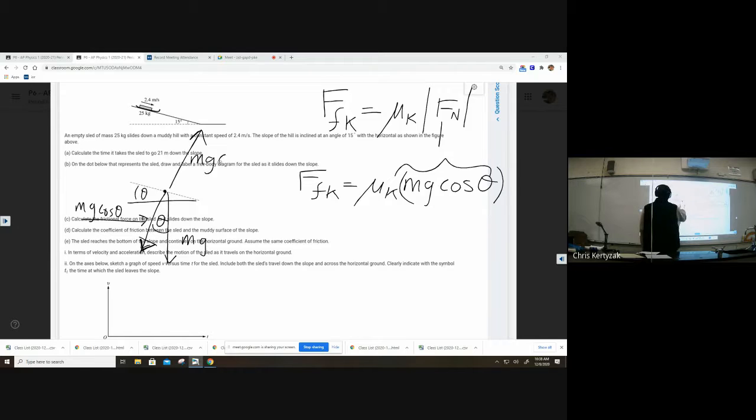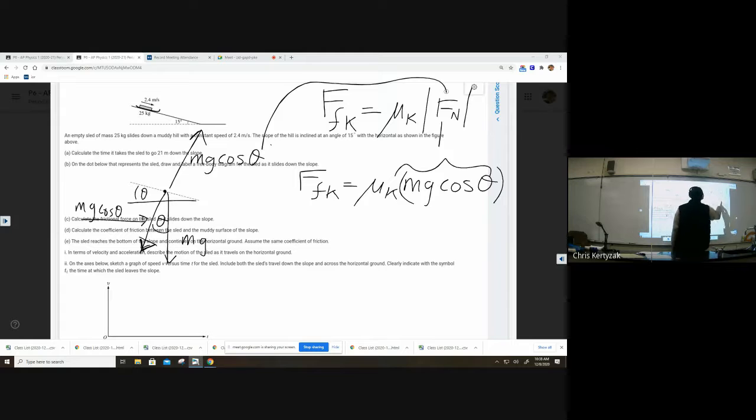The normal force will be mg cos theta, which is why we plug that in here. And that's the understanding of it. If you want to just memorize it, go for it. I would recommend it. Best scenario, you understand it and you memorize it. Memorize that: mu mg cos theta is the sliding friction force on a ramp.